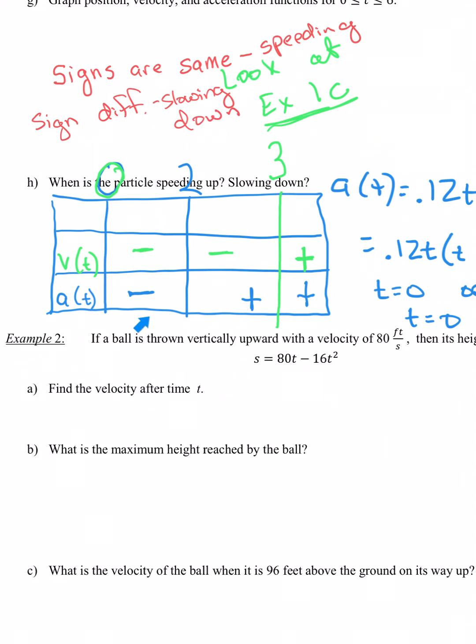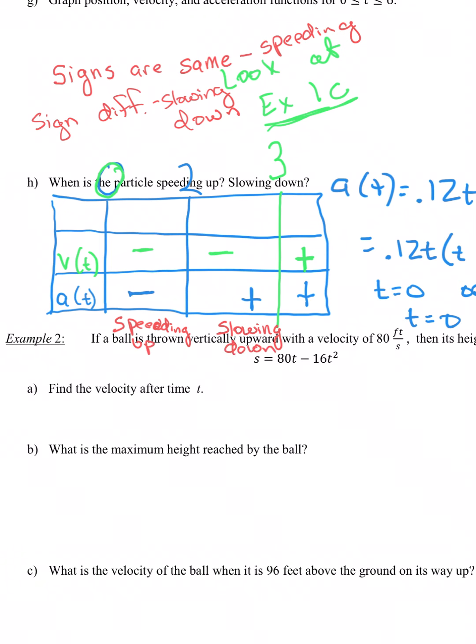Through 0 and 2, our signs for velocity and acceleration are the same. So that means we have speeding up between 0 and 2. If you look between 2 and 3, our signs are different. Okay, so that means it's slowing down, right?